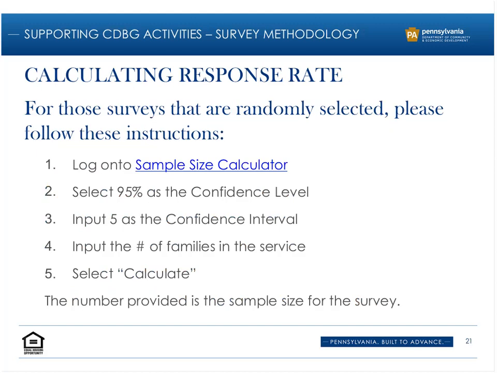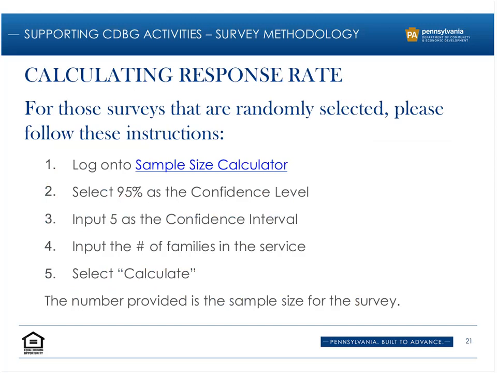For the surveys where you're calculating the response rate randomly, we've given you the instructions here, and if you'll bear with me in a minute, Dave Gray is going to take you through the sample size calculator to determine what your sample size is going to be. In the PowerPoint, hopefully when we put it on the web, it is a hot link that will take you directly to this sample size calculator.